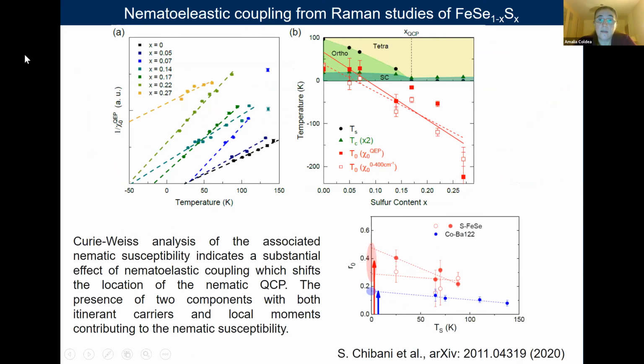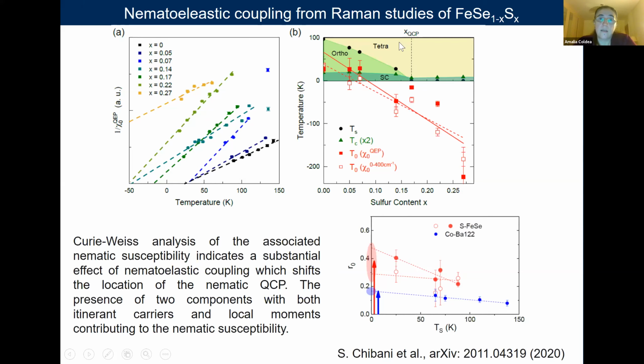And very recently, this approach has also been applied to Raman studies. The Raman study can also detect nematic susceptibility. And from the intercept of the Curie-Weiss temperature, they suggest that this intercept shifts to a different value, and they propose that nematoelastic coupling shifts the position of the nematic critical point in the system due to this finite interaction.